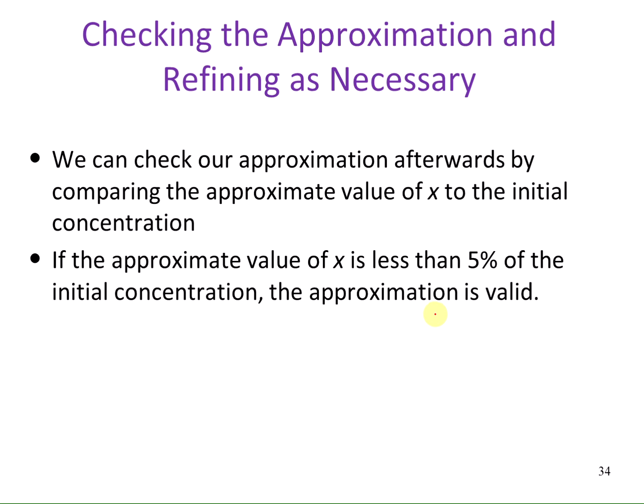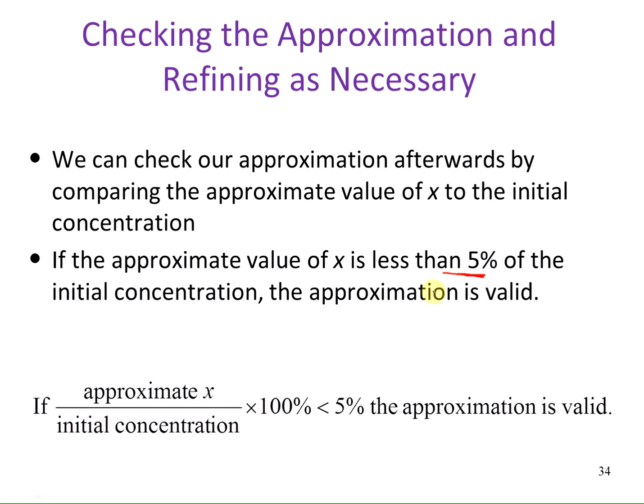If the approximate value of x is less than 5% of the initial concentration, we can assume the approximation is valid. Again, if the approximate x divided by the initial concentration times 100 is less than 5%, we can say that we're good to go and that the approximation is valid.